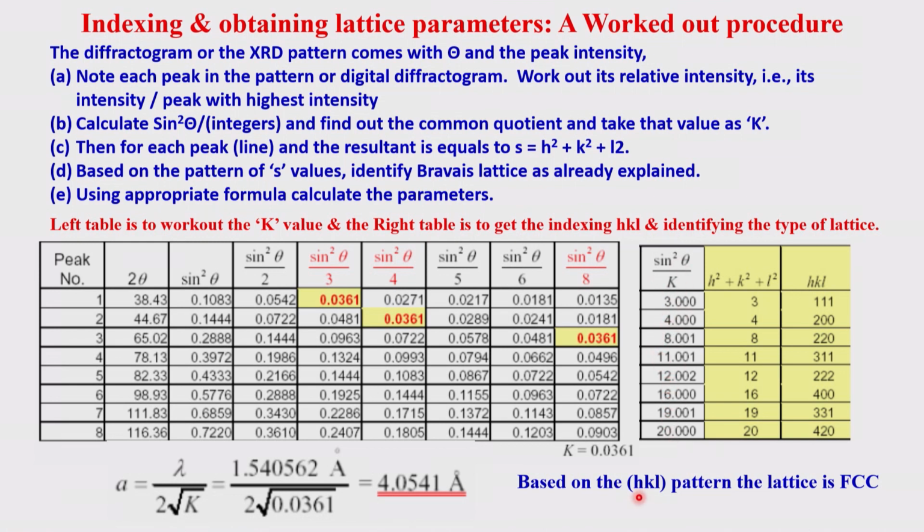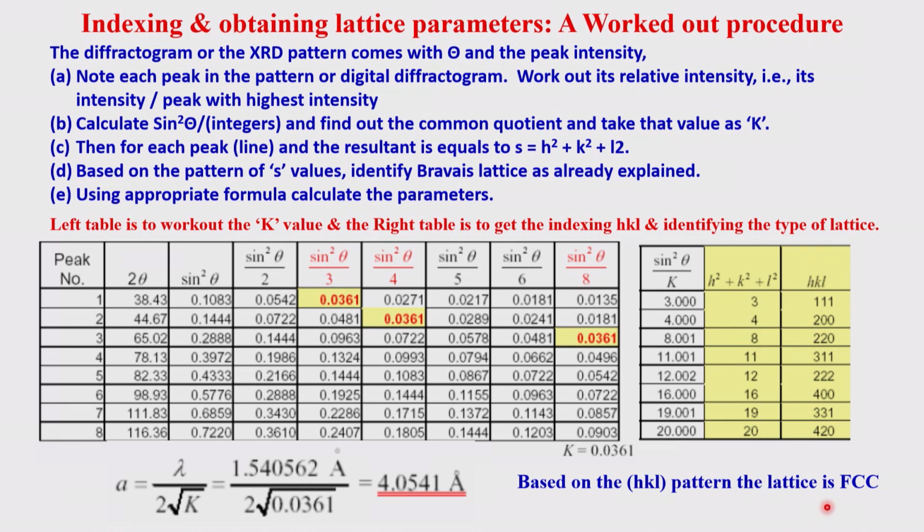What is this? This is proportional to h square plus k square plus l square, and of course you need to make it into the nearest integer, and that is what is done. Sine square theta by k is equivalent to h square plus k square plus l square. Now this is converted into the HKL, and that is what you have.